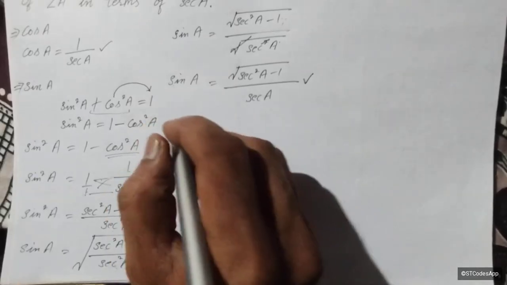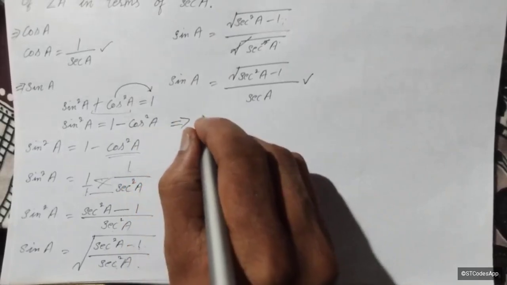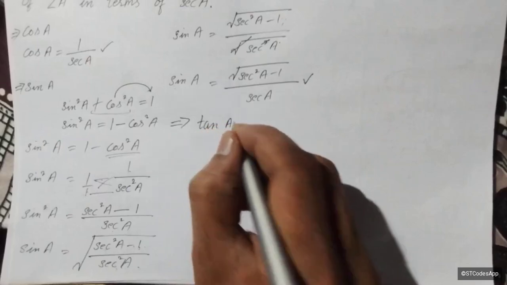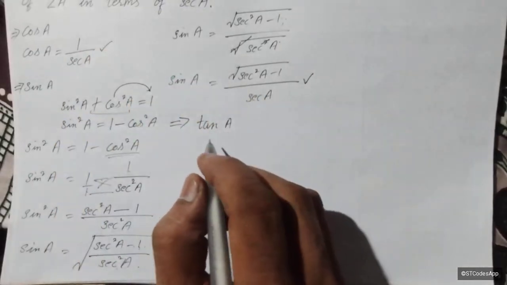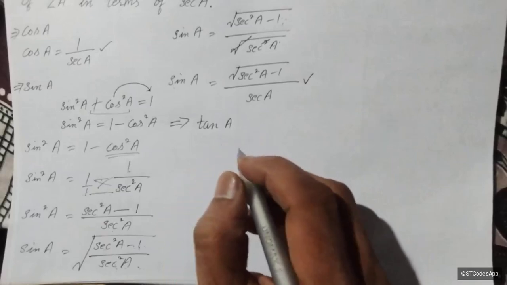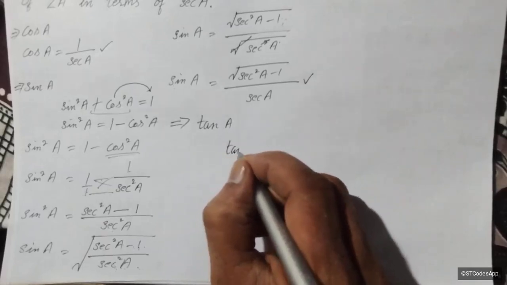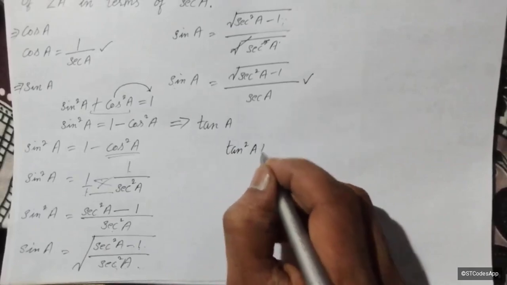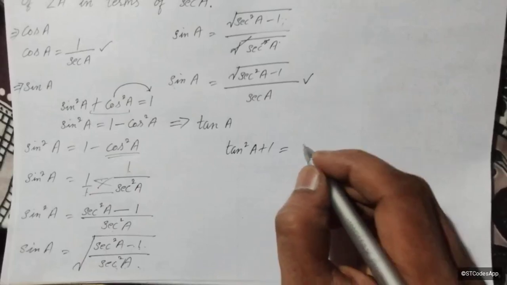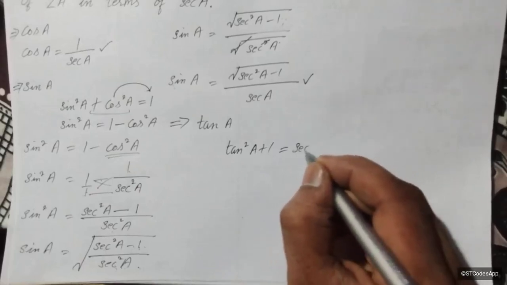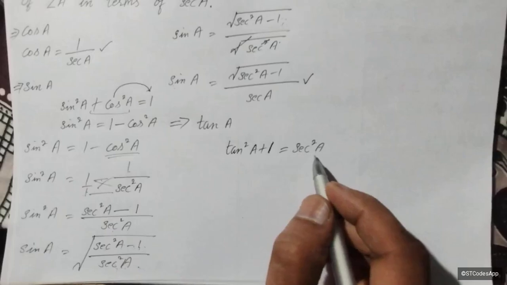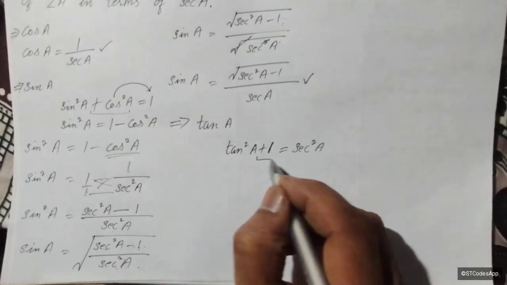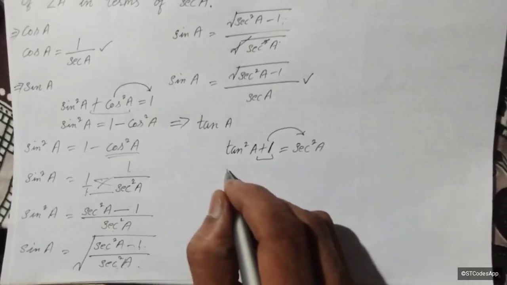Now we are going to change tan A into the term of sec A. So for tan, we know the formula: tan square A plus 1 is equal to sec square A. Now if we are shifting 1 to the other side, what will happen?